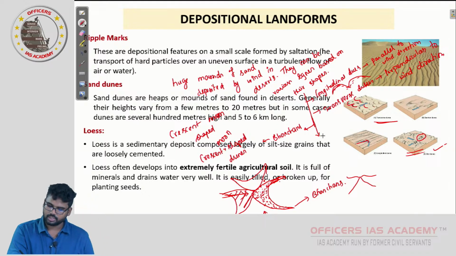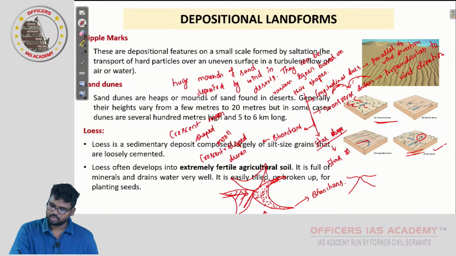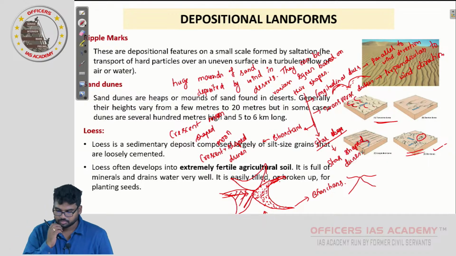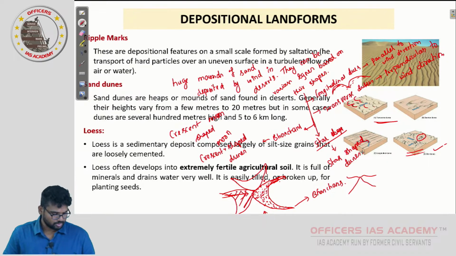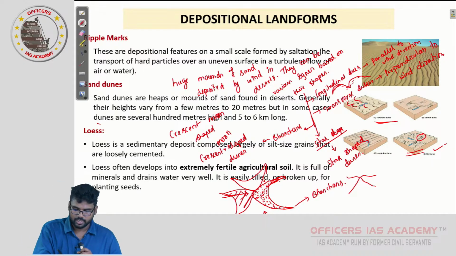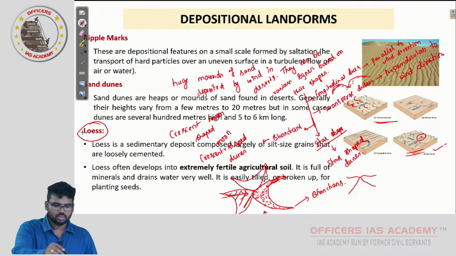Then last, that is star shaped or star dune. As the name suggests, they are like star shaped dunes. Done. These are all subcategorizations. Then please write oasis.